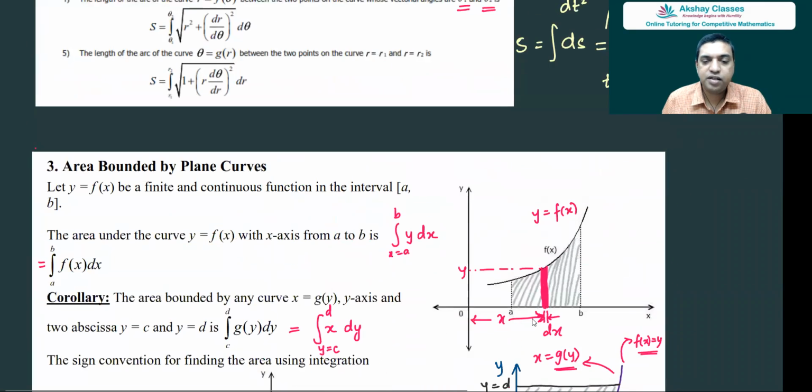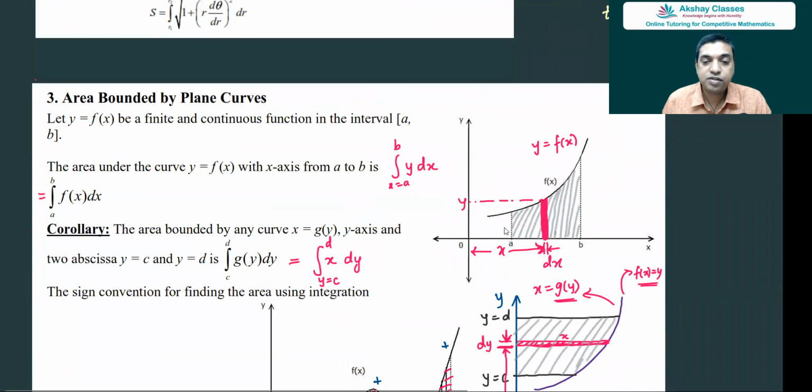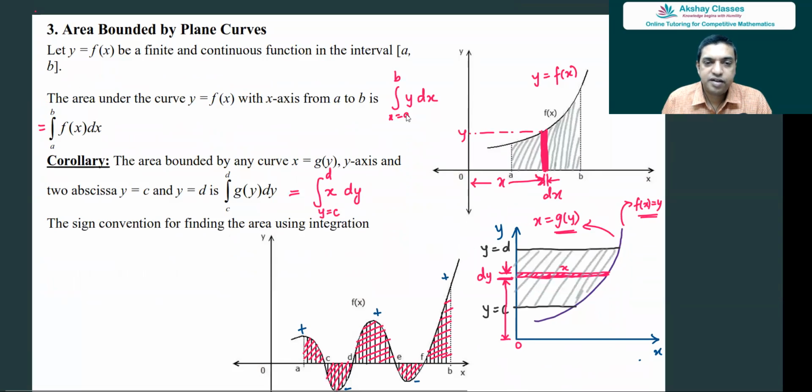Again, I'm reviewing. The first part of the area was a simple curve y equal to f of x, which has the same sign throughout. Its area bounded by that curve and the x-axis between the lines x equal to a and x equal to b was integral y dx.